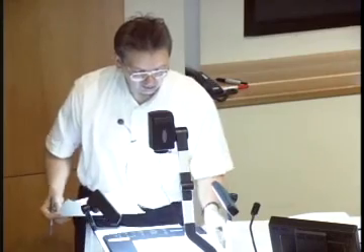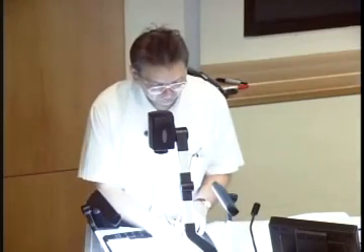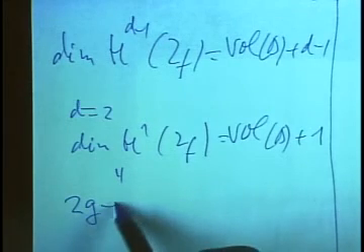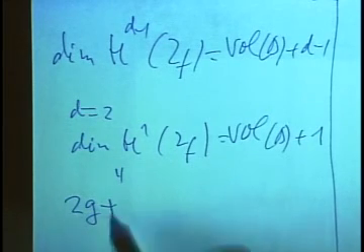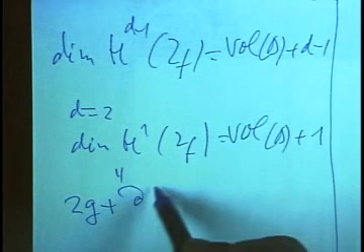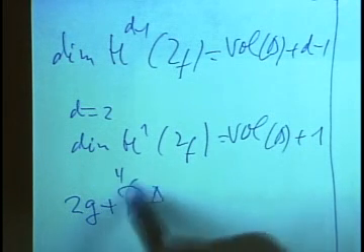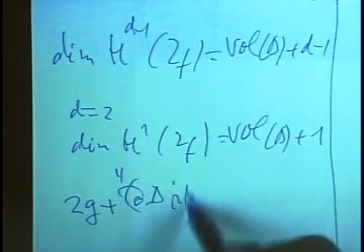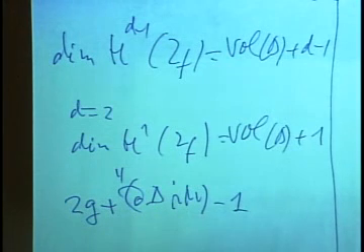Here's the formula. You take the cohomology of the compactification, which will be 2g, and you add the number of lattice points on the boundary of the polytope, and again minus 1.